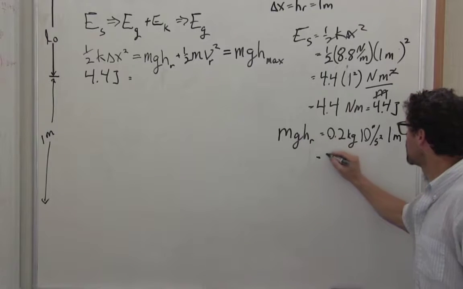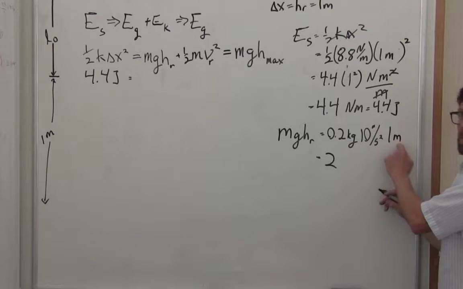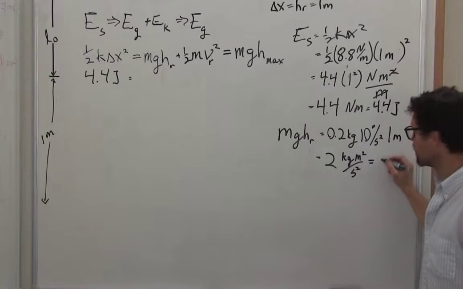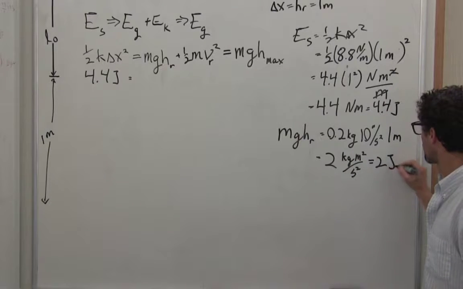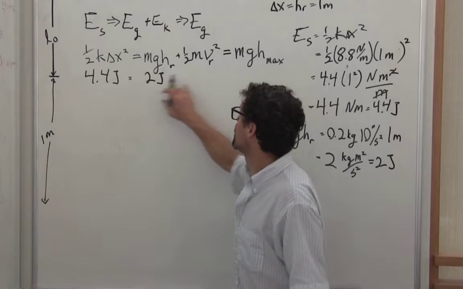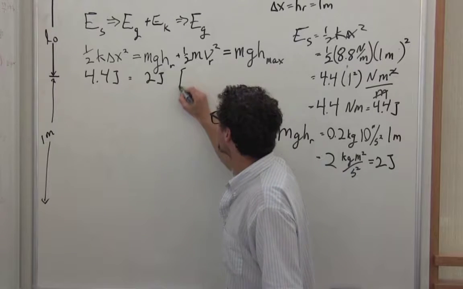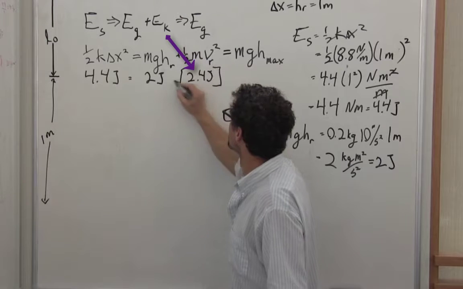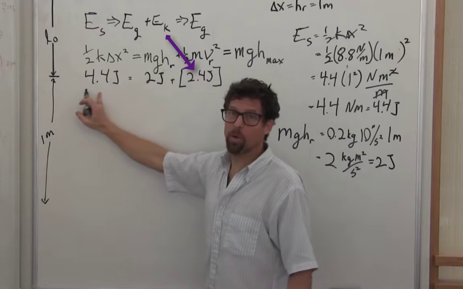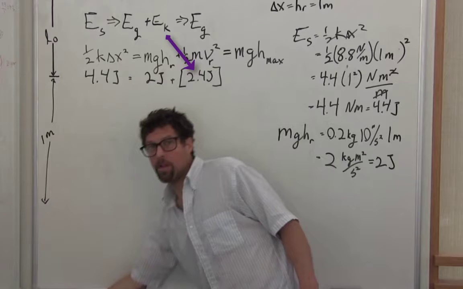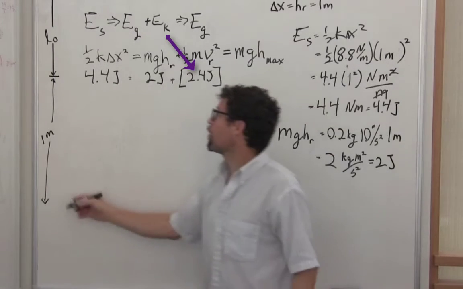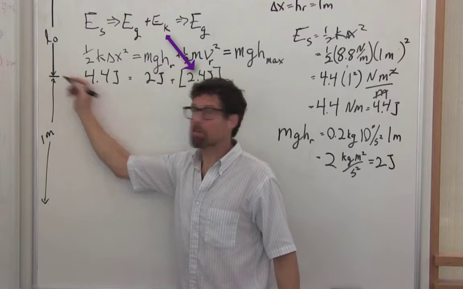And we have 2 kilogram meters squared per second squared, which is 2 joules. This means the kinetic energy must be 2.4 joules in order to equal a total of 4.4 joules that we had stored in the spring in the beginning. And we can solve for this velocity that the mass has right here.